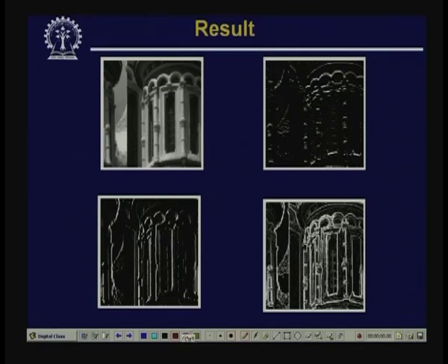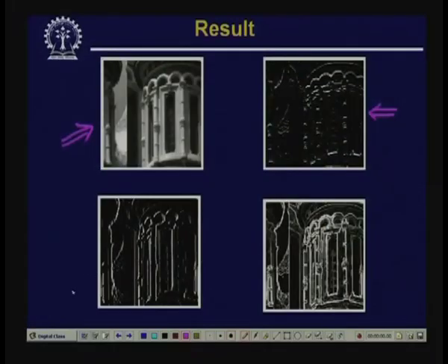This one on the top left is our original image. On the top right is the edge information obtained using the Sobel operator, and the edge components in this particular case are the horizontal components. The third image is again obtained using the Sobel operator, but here the edge components are the vertical edge components. The fourth one is the result obtained by combining the vertical and horizontal components.